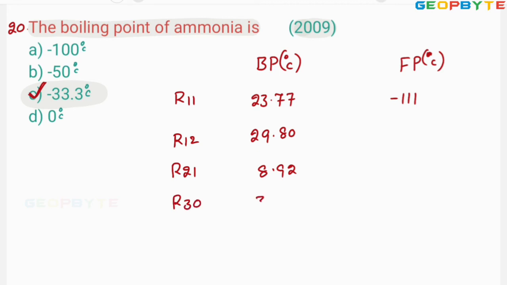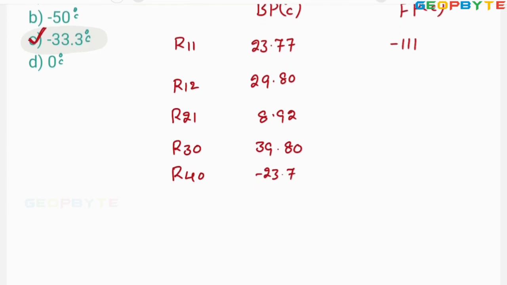R30, 39.80 degrees centigrade. R40, minus 23.7 degrees centigrade. R113, 3.6 degrees centigrade. R717, that is ammonia, minus 33.3 degrees centigrade. R744 carbon dioxide, minus 73.6.